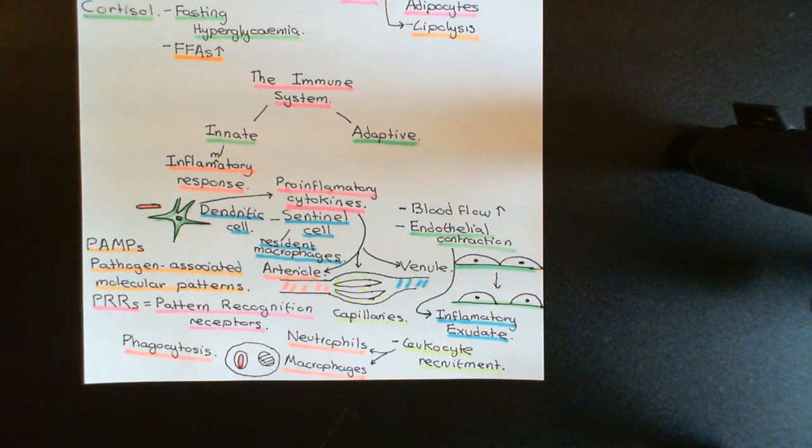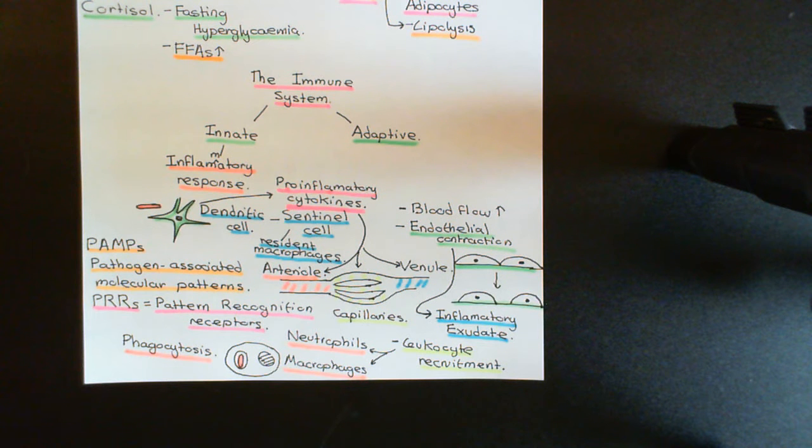So overall, to summarize the inflammatory response: the sentinel cells start off when they recognize the presence of the pathogen. They release pro-inflammatory cytokines which are going to cause vasodilatation of the arterioles to increase blood flow to the affected area, and we're going to get contraction of the endothelial cells in the capillaries and the venules, which is going to allow us to form an inflammatory exudate, which will have all sorts of proteins in it that can attack the pathogen.